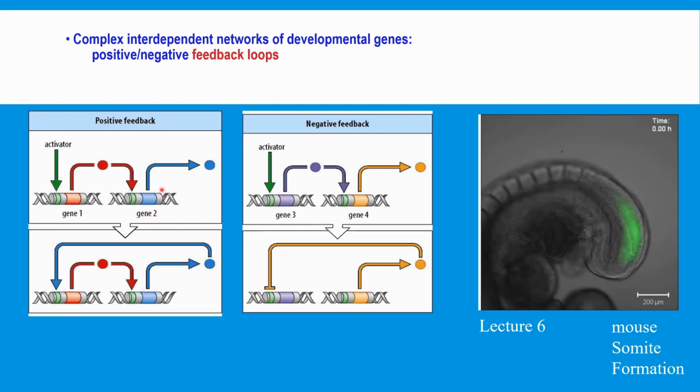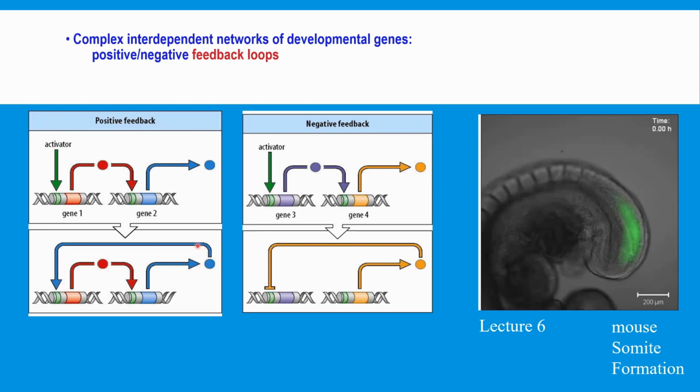This activates gene 2, which then produces its own protein. And protein 2 can be, again, a transcription factor acting directly on DNA, or can be a part of a signal cascade that activates a transcription factor to act on the DNA, or anything that acts on chromatin, for example.